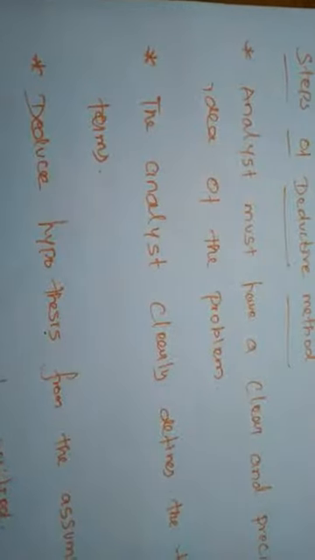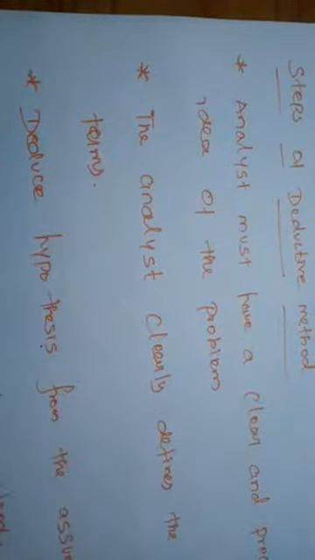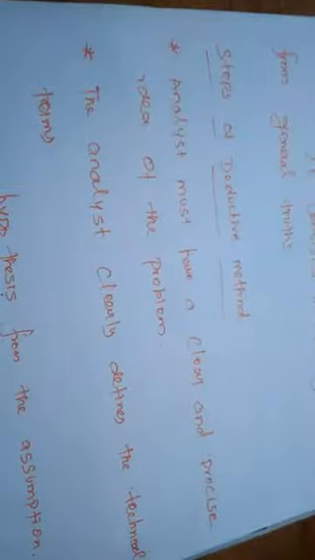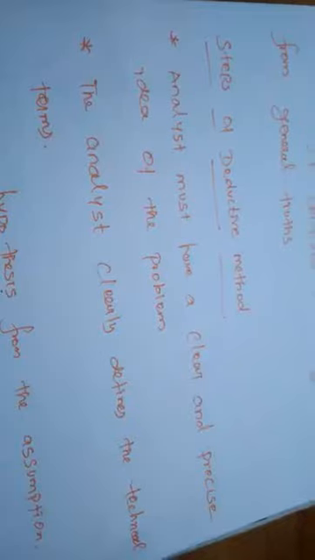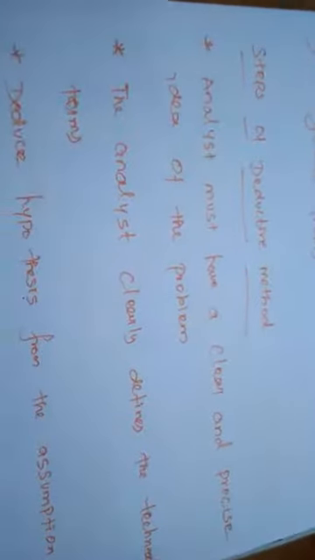Step 1: the analyst must have a clear and precise idea about the problem to be inquired into, what we are going to analyze. If you are going to analyze the reasons behind the price of a commodity when the demand is increasing, we must have a clear and precise idea of the causes and effects, and what we are going to do to draw the conclusions. First, we must have a clear and precise idea about the problem.